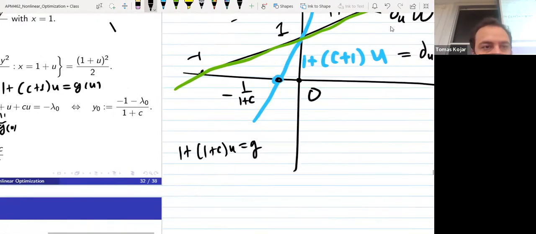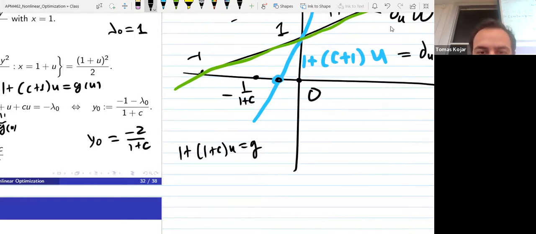So pretend lambda 0 is 1. And then y0 is what? It's 0. No, it's -2, 1 plus c. So this is y0.